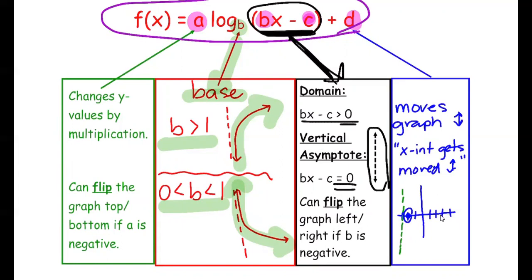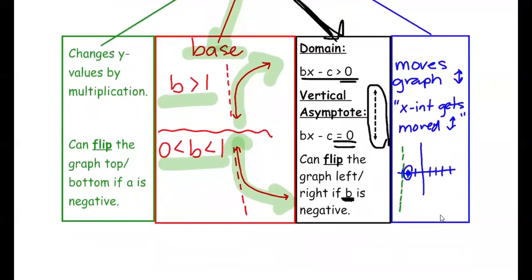And you are able to flip your graph left to right if b is negative, okay? And what that would look like, I'm going to try to scooch this up a little bit. If b ends up being negative, then you would have your asymptote on the right, and on the left would be your graph. That's what I'm talking about with b flipping, okay? That would be for a growth function.